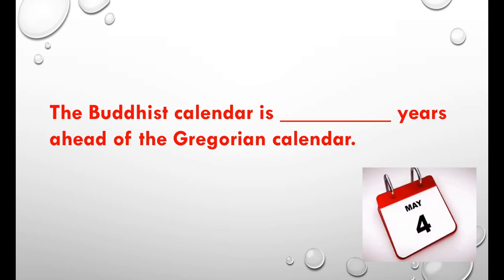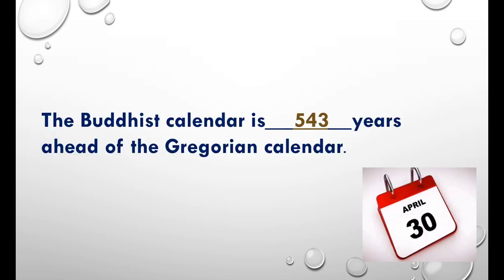And let's see the correct answer. The Buddhist calendar is 543 years ahead of the Gregorian calendar.